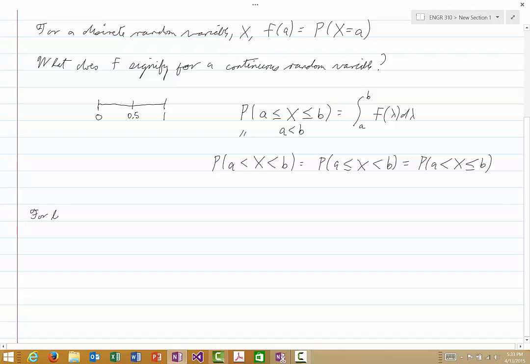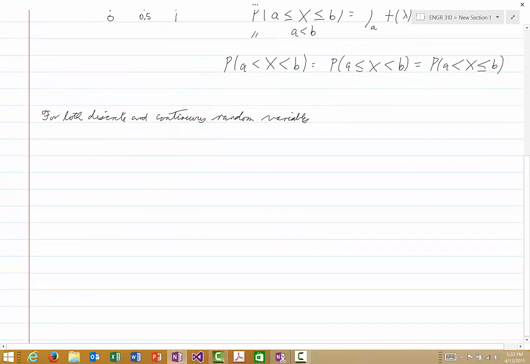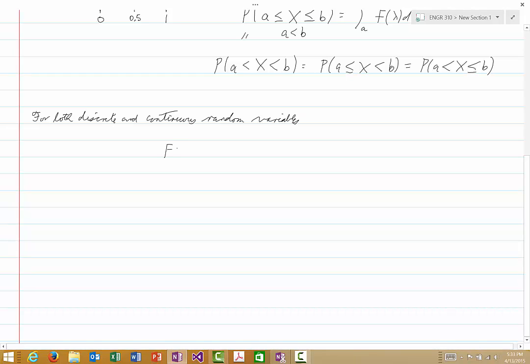For both discrete and continuous random variables, the cumulative distribution function, also called the distribution function, F of little x, is equal to the probability that the random variable X is less than or equal to little x.